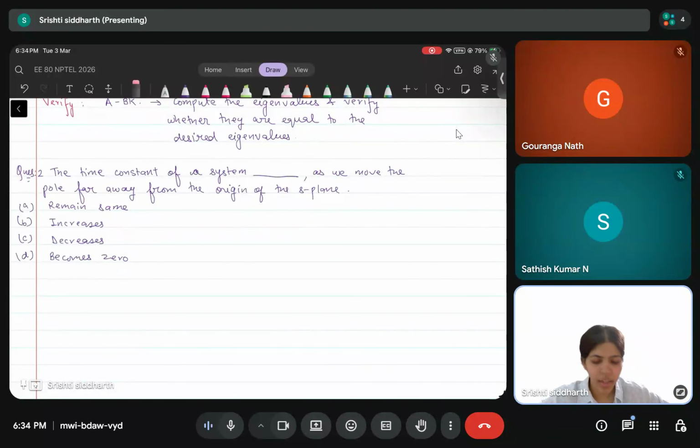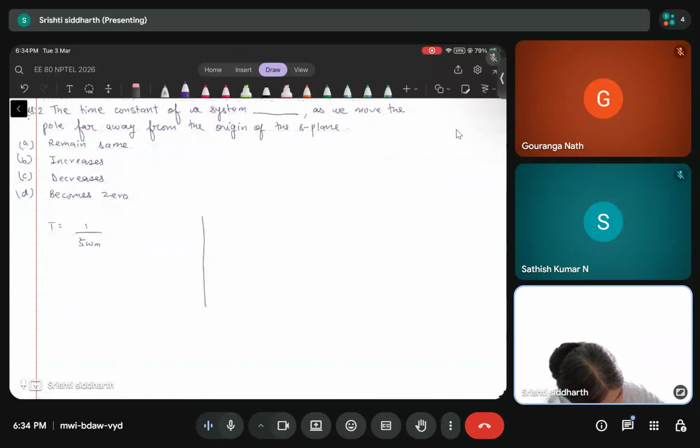So you can look at it by writing down the time constant for a second order system. So that is simply T, you can write it out with a star or any other symbol. So on the S plane, this is zeta omega n.